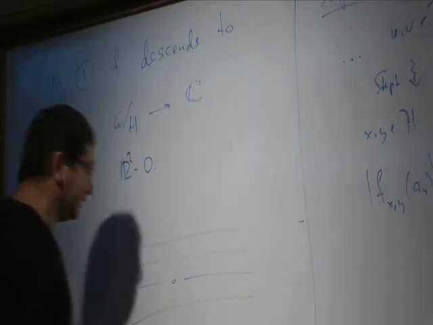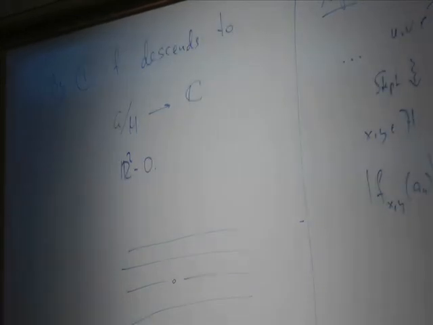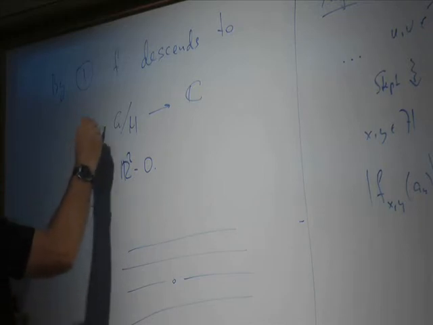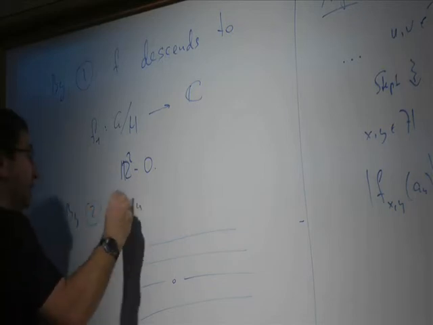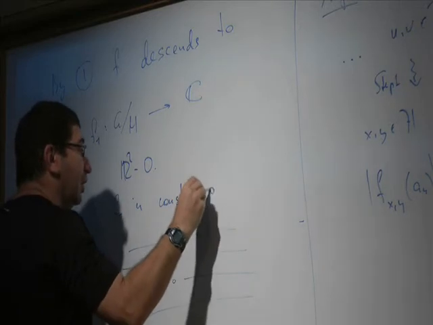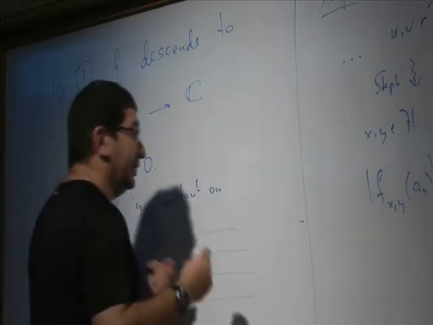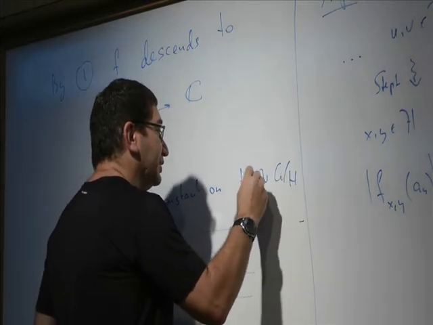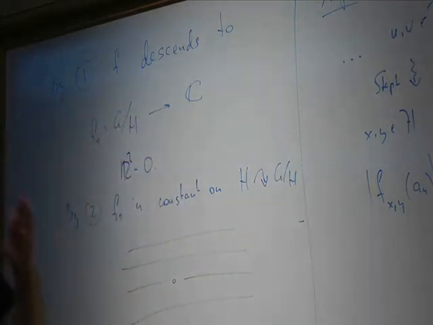I draw it like this because I want to remember that by 2, this new function f1 is constant on the H orbits acting on G mod H, because it is invariant also under the left H action.